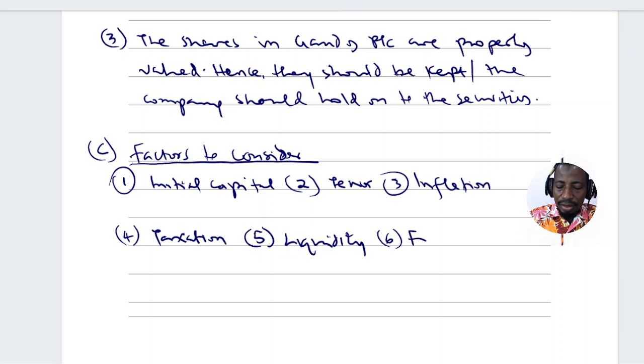Because if foreign exchange will impact my investments, then it will make the value of the investment susceptible to fluctuation. So these are some of the factors you need to take into consideration as a finance manager when you are undertaking a short-term investment decision. There are more than this, but I think this is okay. You can do more than this. All right, so that's the end of the question.